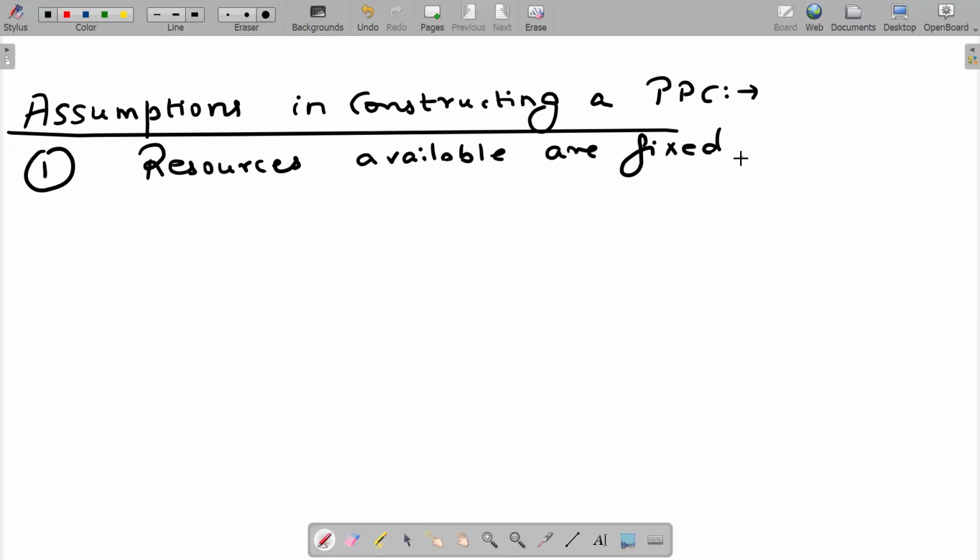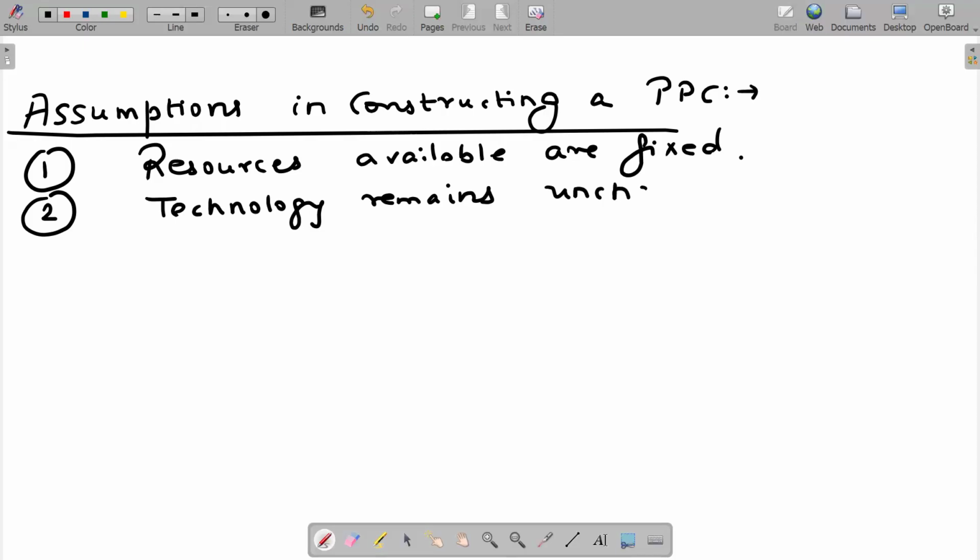But on one particular PPC, resources are fixed. Technology remains unchanged. That means on one particular production possibility curve, you are still working with the same technology. Obviously, if new, more advanced technology comes up, that will cause a shift in the PPC.